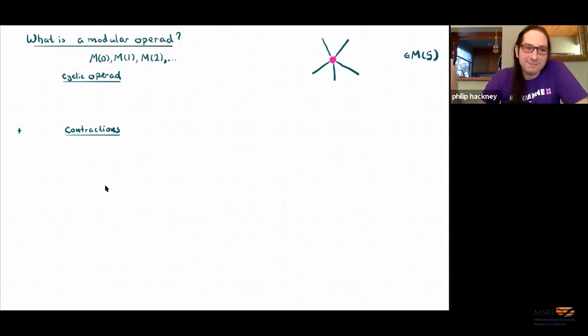The standard kind of example is to think about some surface with this number of boundary components. Maybe it has some genus.